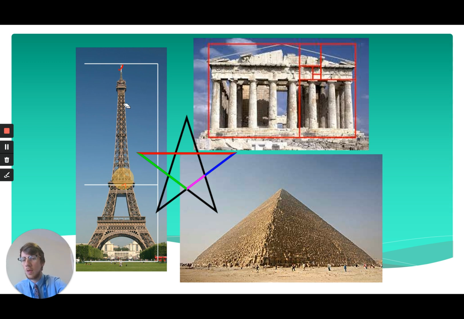So the Eiffel Tower is in those proportions, and that's because this golden ratio is aesthetically pleasing. It looks beautiful, and that's why so many architects and artists use it. It's just a naturally occurring proportion that as humans we've evolved and got used to, and that's why we think it's aesthetically pleasing and beautiful.